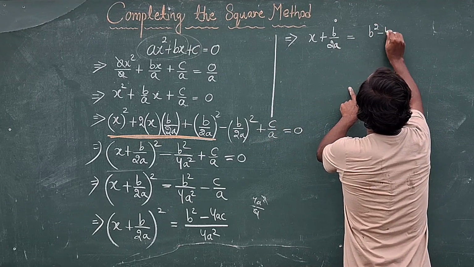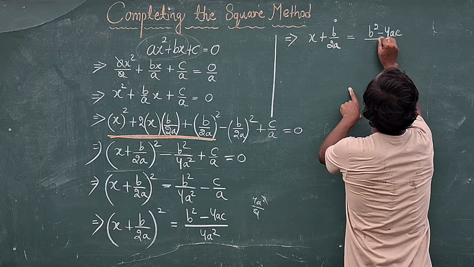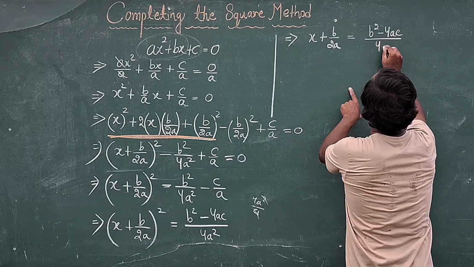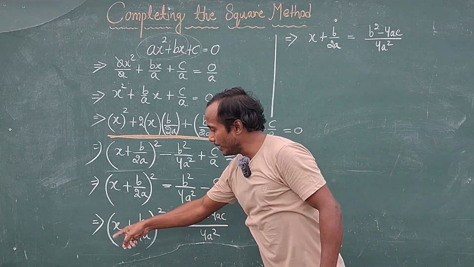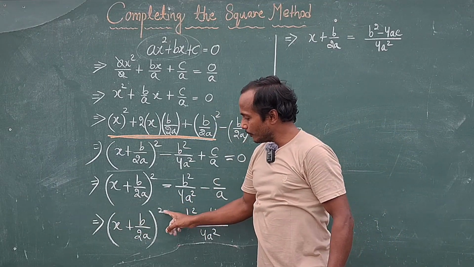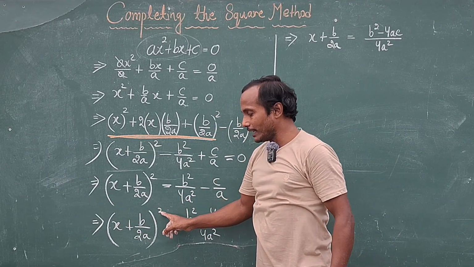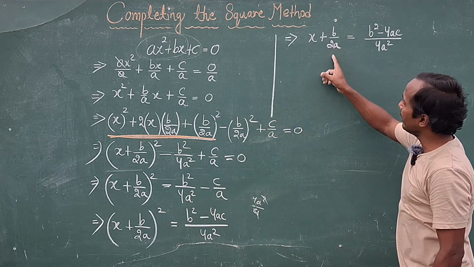In other words, I have taken the square root of both sides, LHS and RHS. When you take the square root of the left hand side, the square root and square cancel, so you are left with x plus b by 2a only.